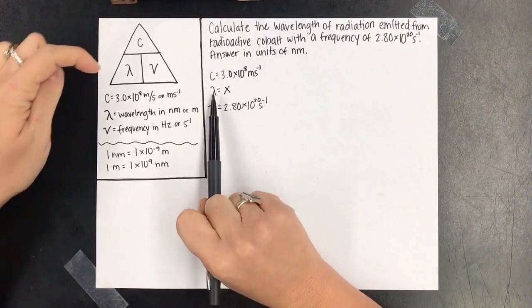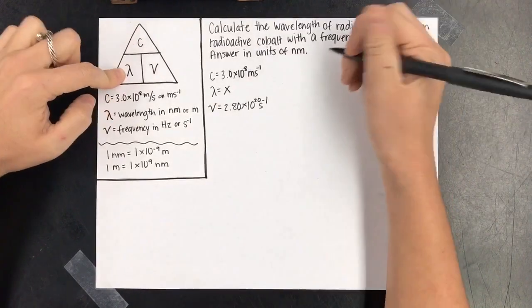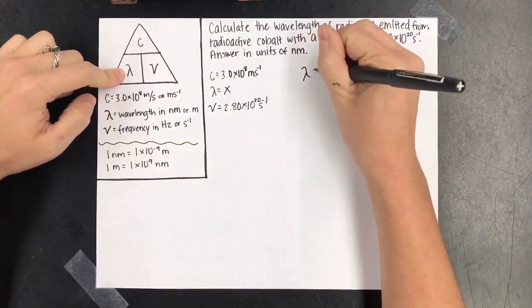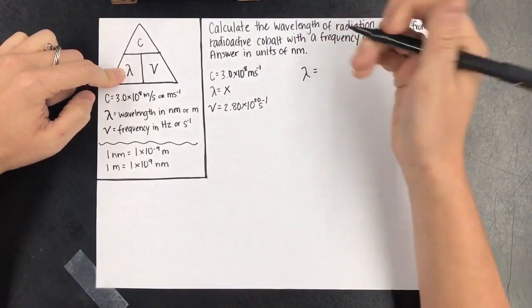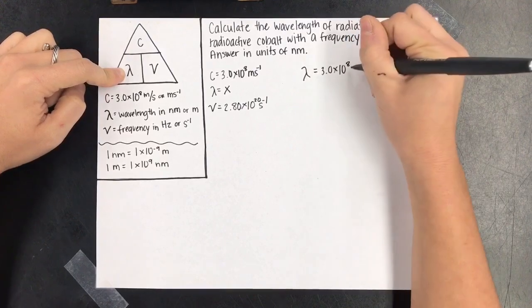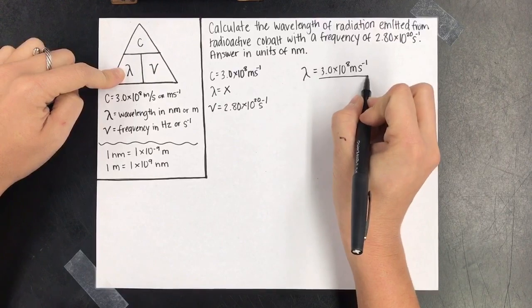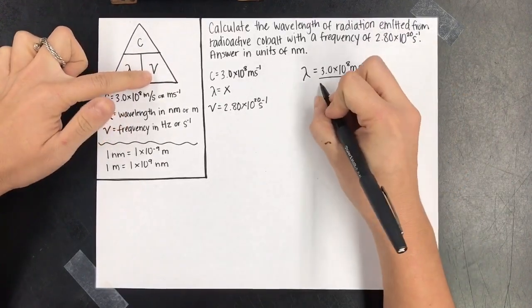If I'm looking for wavelength, which is here, I'm going to take the speed of light. My little dinosaur right there. Sorry, lambda. And we're going to divide it by the frequency.